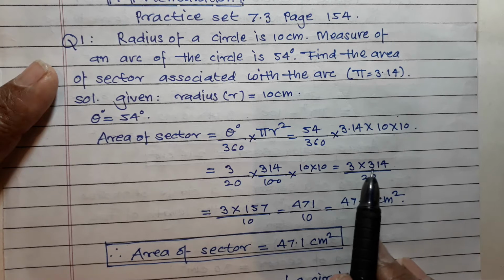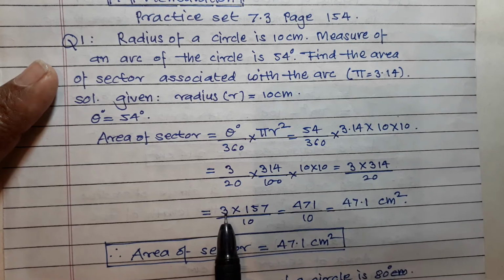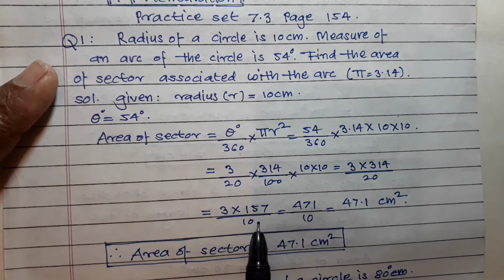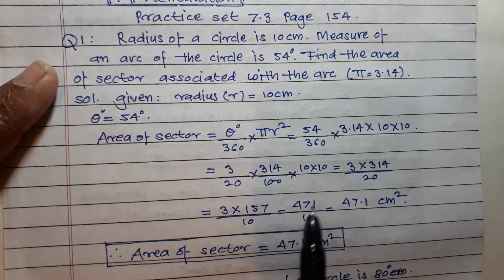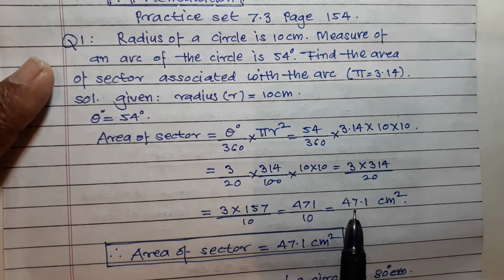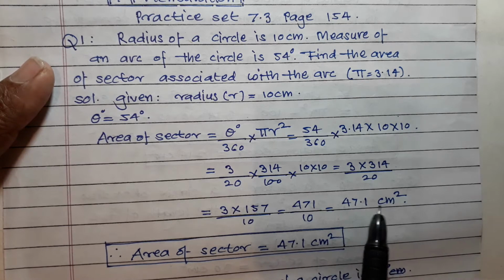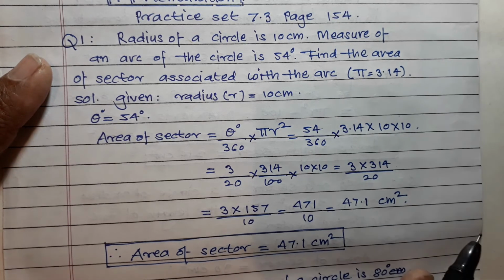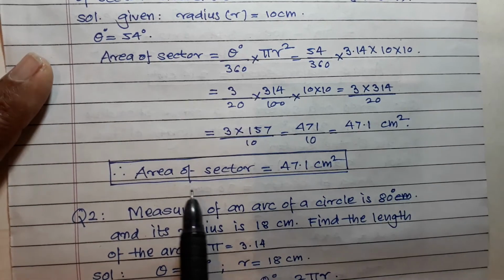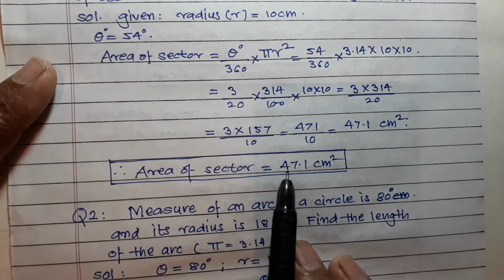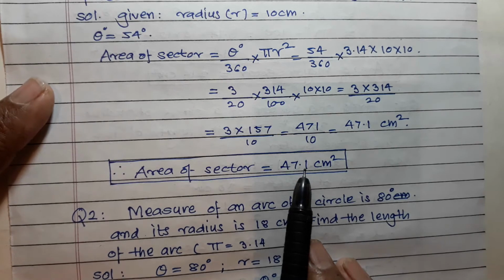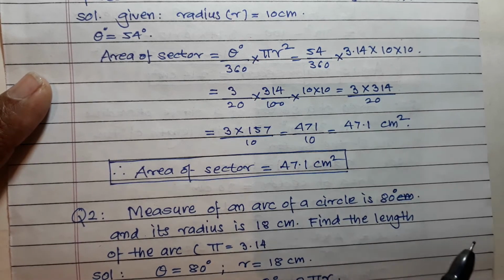Give division of 2 here. So this is 3 into 157 upon 10, which is equal to 471 upon 10 and is equal to 47.1 cm square. And hence area of sector is equal to 47.1 cm square.